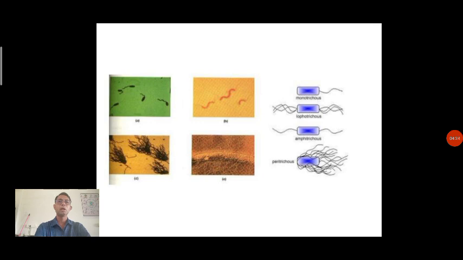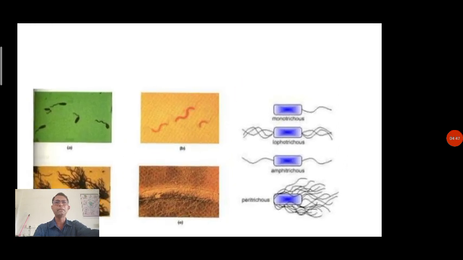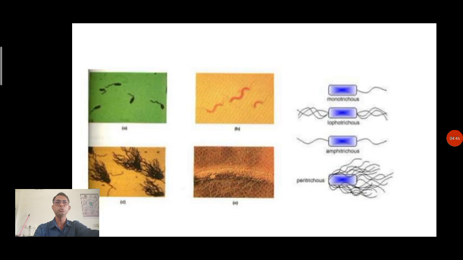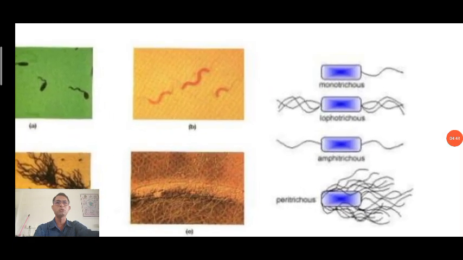Depending on the type of bacteria, there will be a different number of flagella. In some bacteria only a single flagellum is present, in some two flagella are present, and in some bacteria more than two or more than five flagella are present.